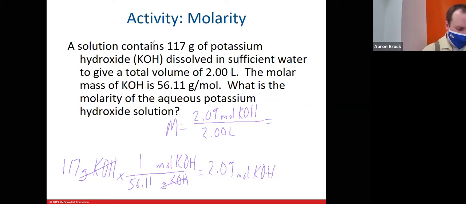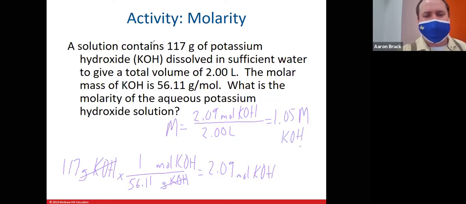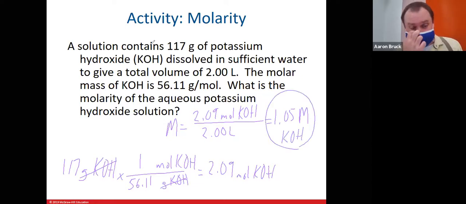To 3 significant figures, 1.05 molar, capital M, KOH. So what that says is that there are 1.05 moles of potassium hydroxide in every liter of that solution. That is the definition. That is what molarity means.